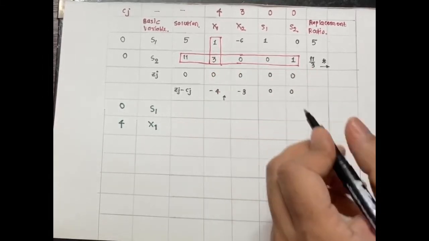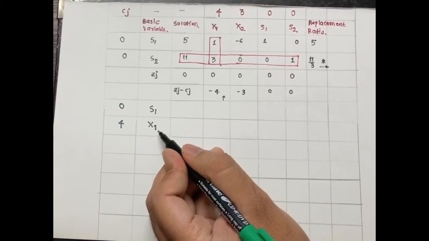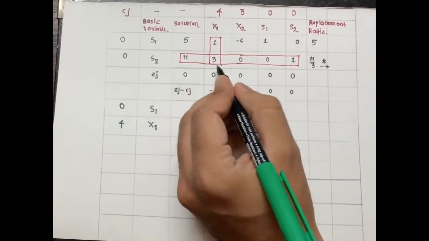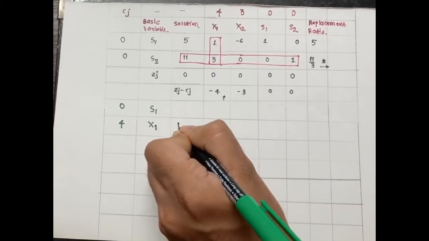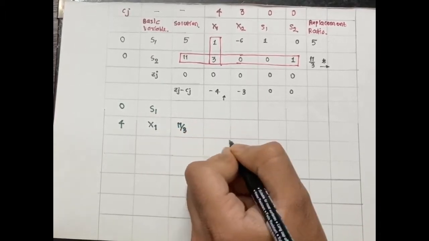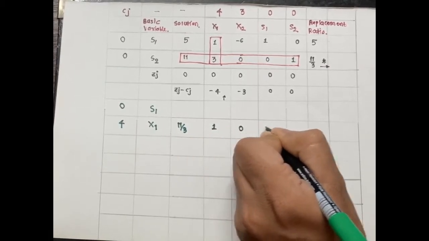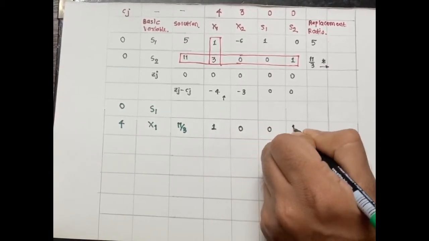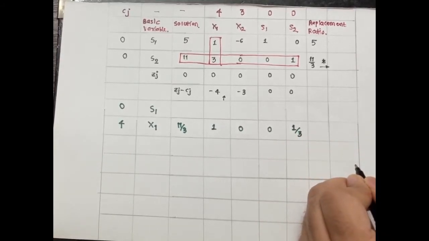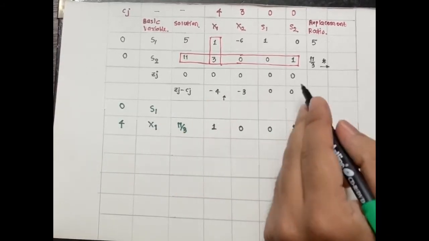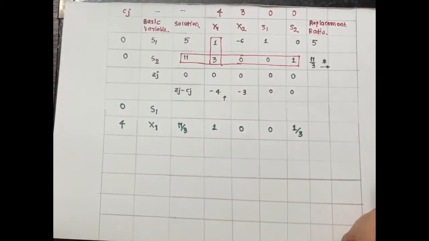For the x1 row, I know the key variable has to be unity. So here it is 11 by 3, this is 1, this is 0, 0, and this I get as 1 by 3. I have divided all the values by 3.